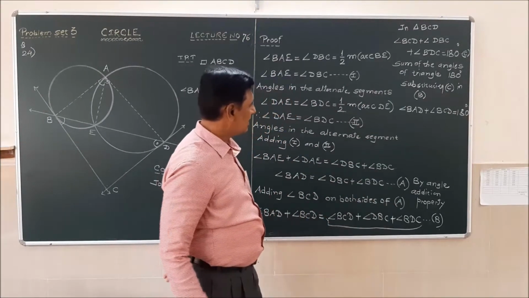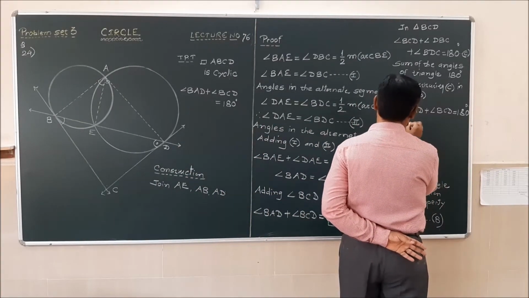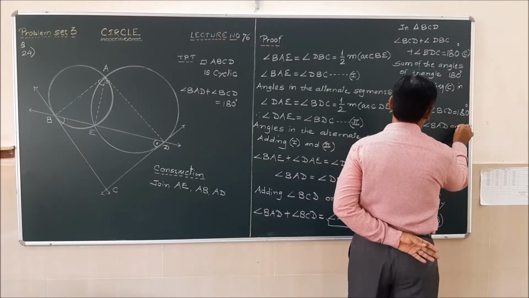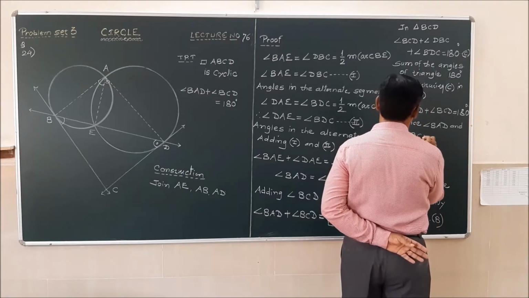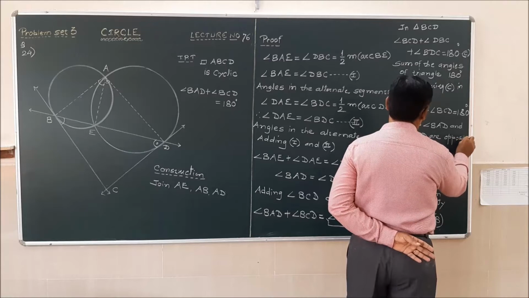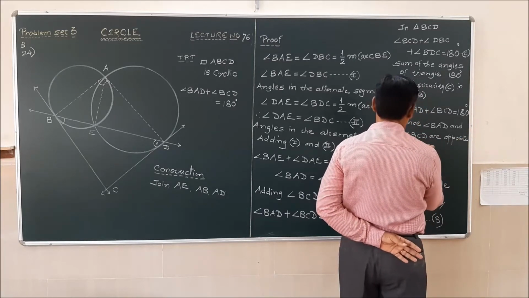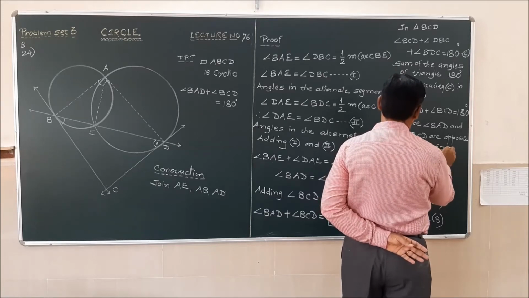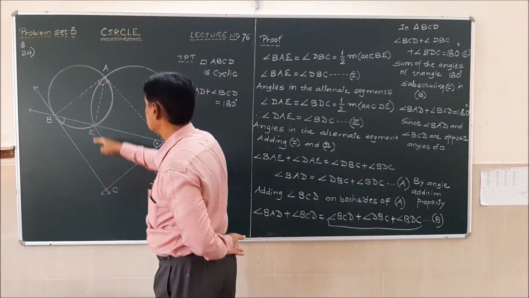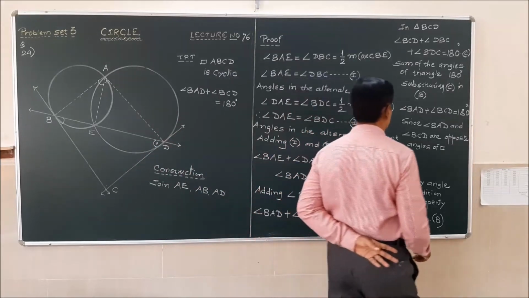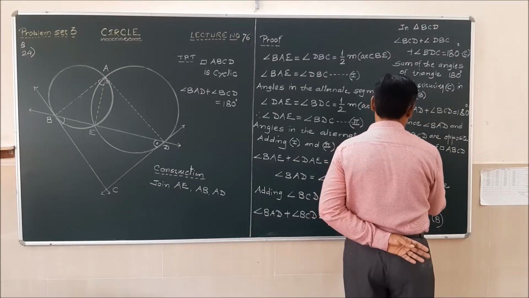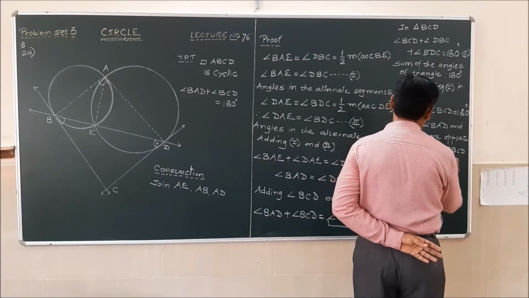Since angle BAD and angle BCD are opposite angles of quadrilateral ABCD, very important, these are opposite angles of quadrilateral ABCD, then quadrilateral ABCD is cyclic.